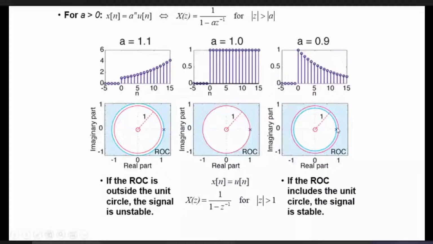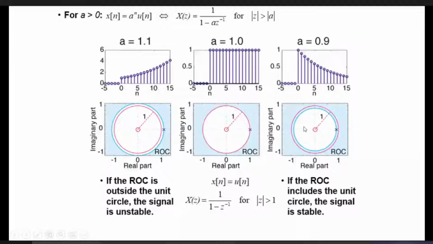The ROC is outside this circle of radius 0.9, but it includes the unit circle of radius 1, the pink one. So it is stable. And this is actually marginally stable.